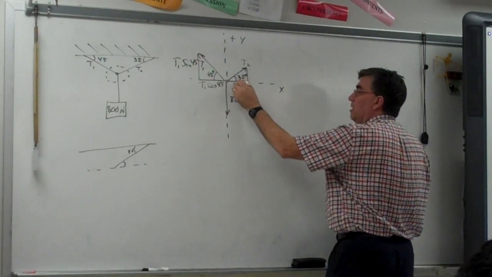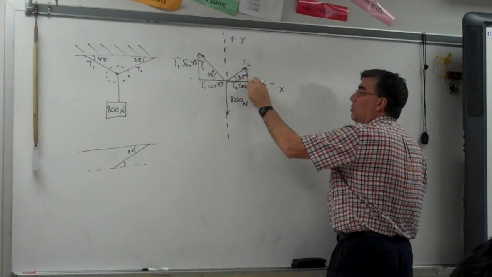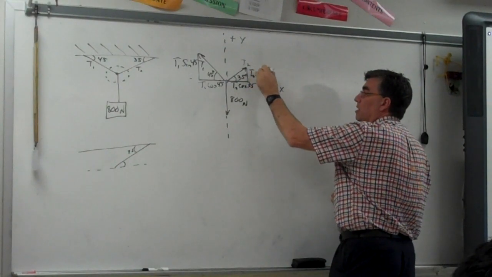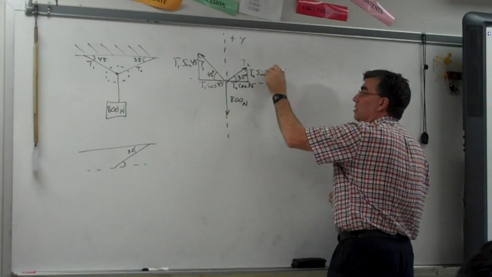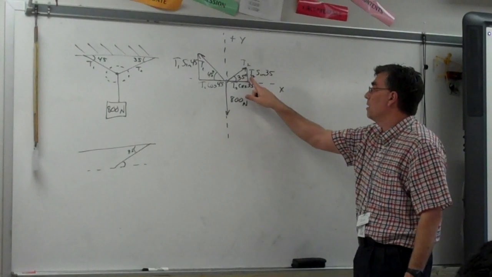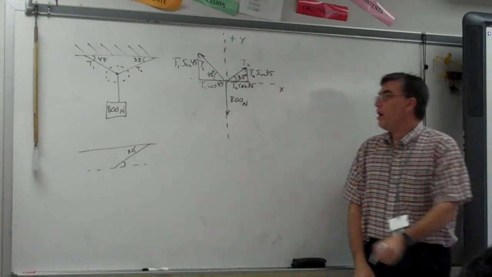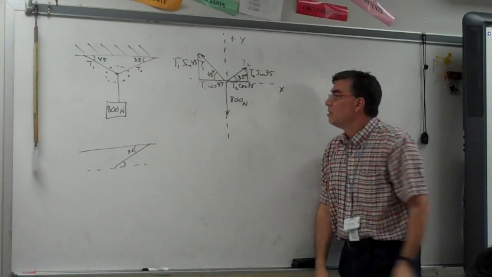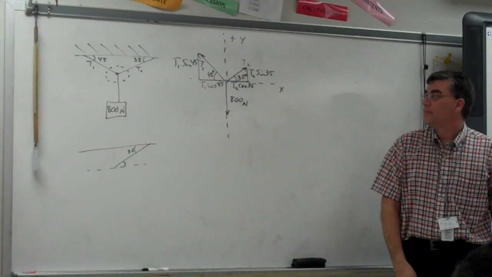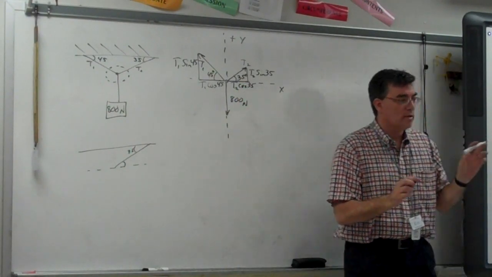Over here, this is T2 times the cosine of 35. This is T2 times the sine of 35. Can you dig it? Sure. So those are our X and Y components. Okay. What's the next step?